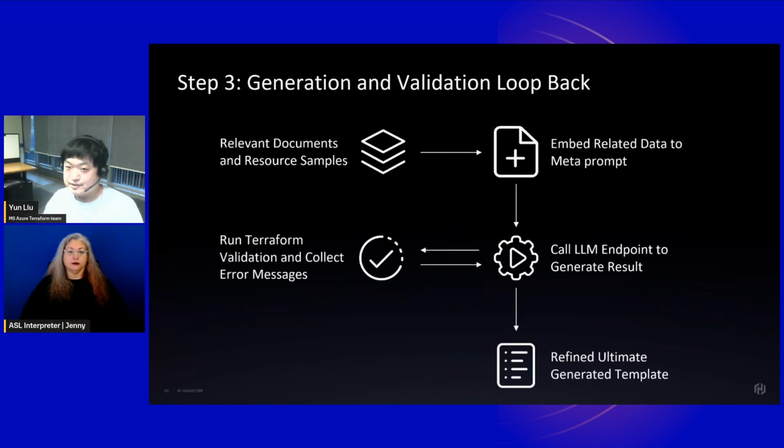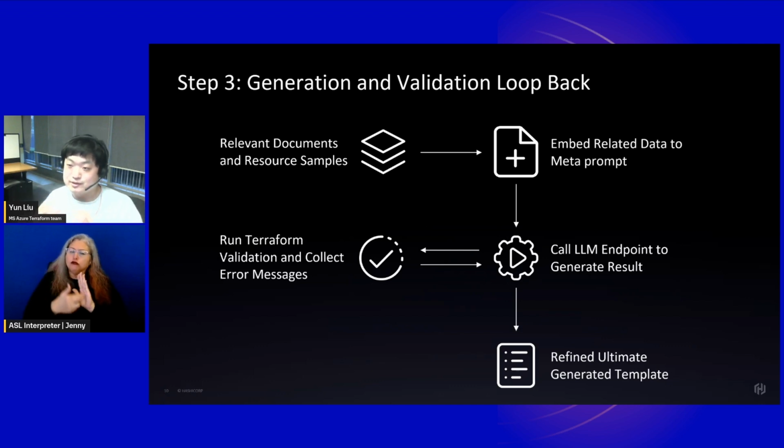Here are the generation steps and the validation loopback. In the generation steps, we will first take the relevant documents and resource samples we just retrieved and add them into a meta prompt template. In that meta prompt template, we have detailed instructions to tell the LLM how to generate this and what rules it should follow.